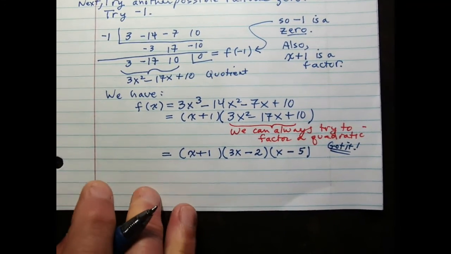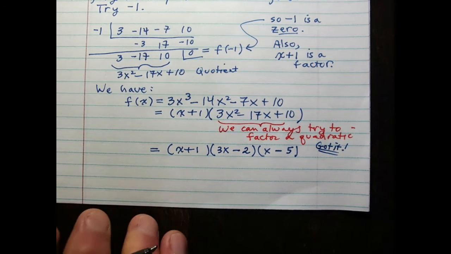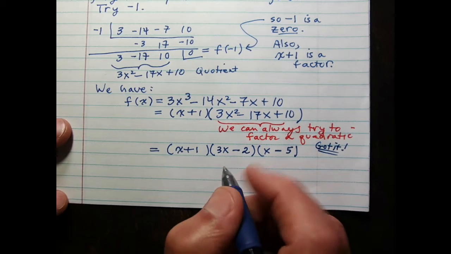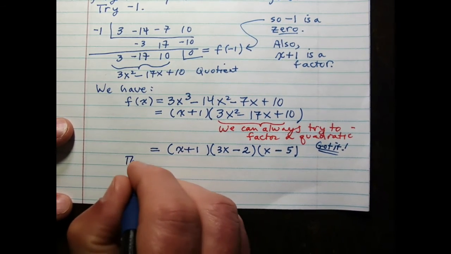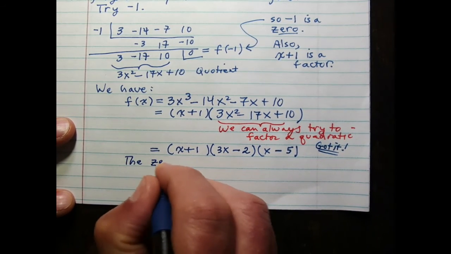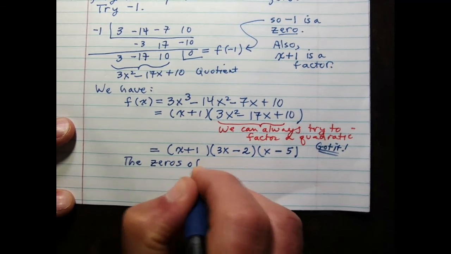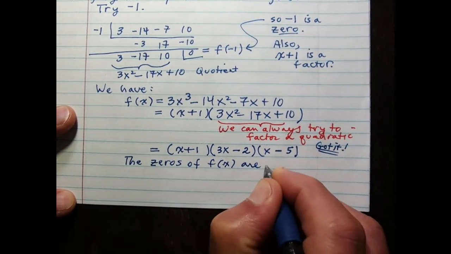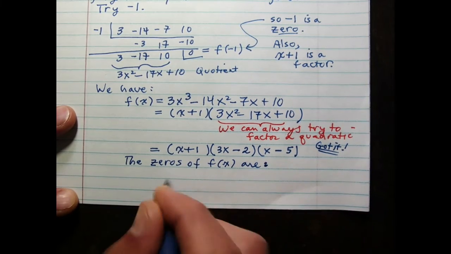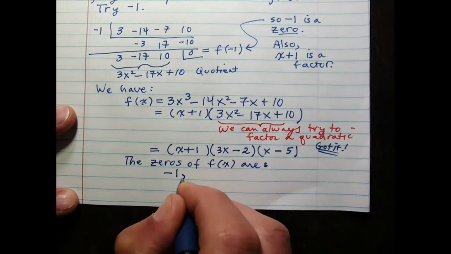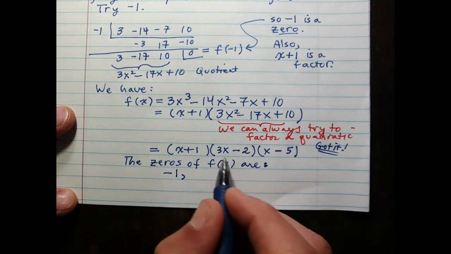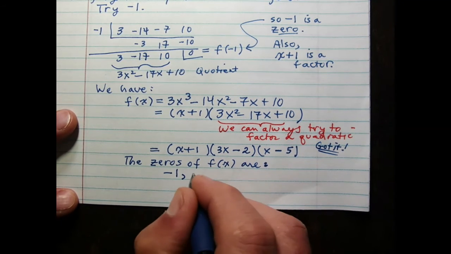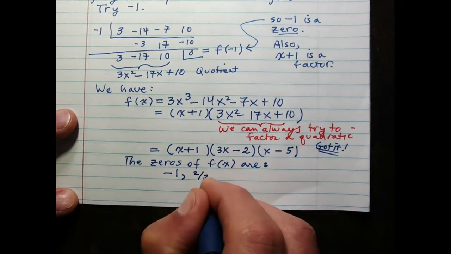And so now I can see what the other zeros are, right? So the zeros of f of x, the actual zeros, are: now we already had negative 1, I'll leave that in my list. If I set this factor equal to 0, 3x minus 2, I think you can see we're going to get 2/3.